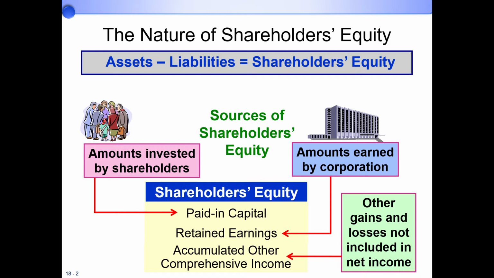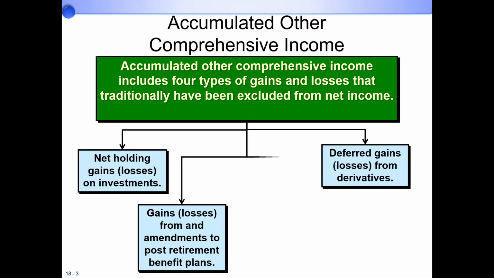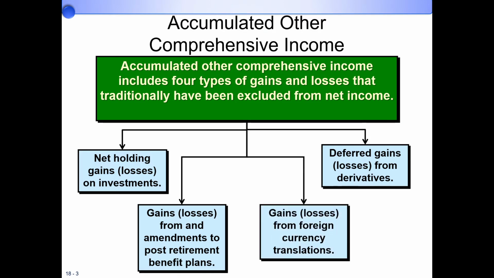There are four special gains or losses, which are unrealized gains and losses. We're not comfortable putting them together with the remaining gains or losses in the income statement, so we want to separate them. We call those other comprehensive income.